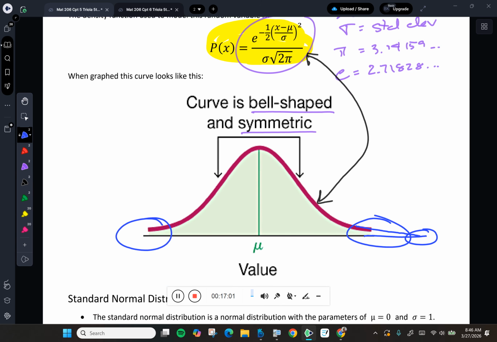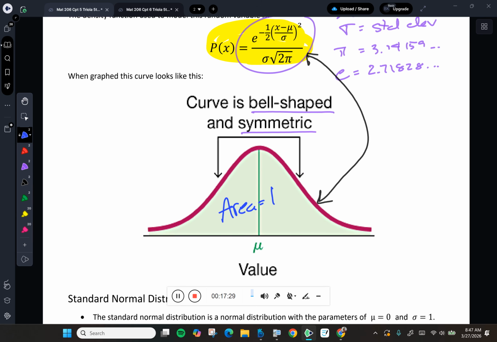It gets really, really close, but never quite touches it on both ends. Okay? Now, that's both a problem and a non-issue. The problem is, if this thing is measuring probability, then the area under here has to equal 1. And if this curve never touches the axis and never stops, how do I measure the area?